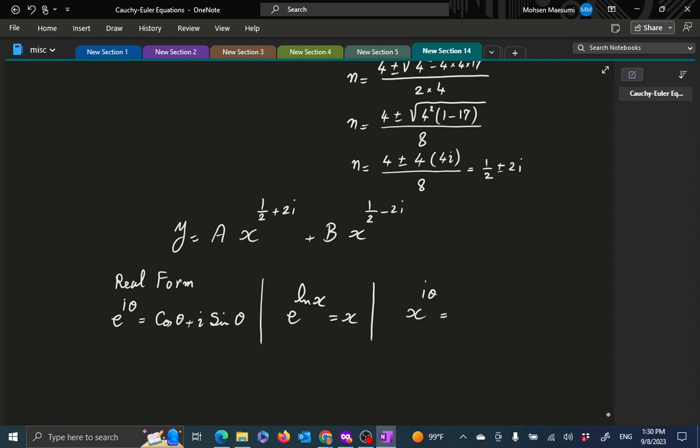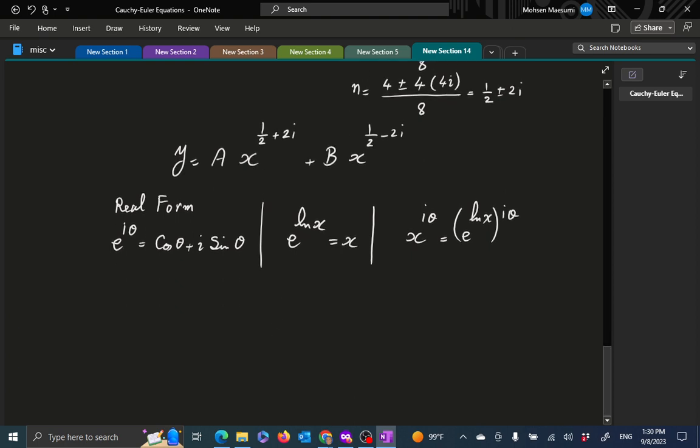Instead of x, I write exponential of logarithm of x, and the whole thing to the power of i theta. So it becomes exponential of i times theta logarithm of x.